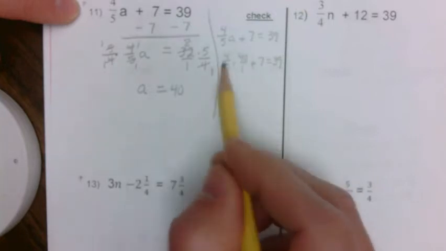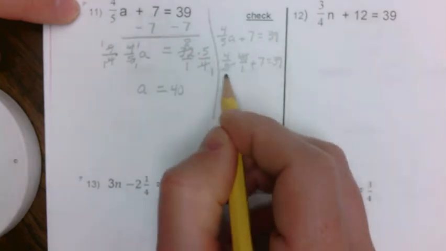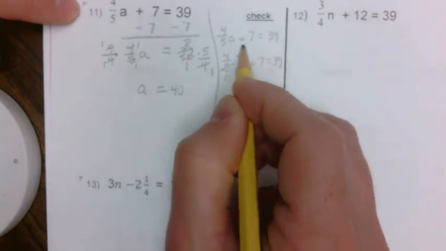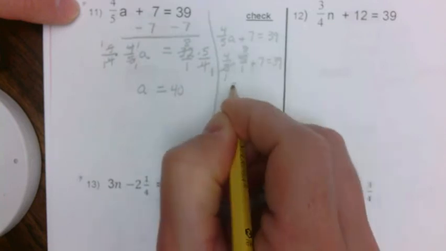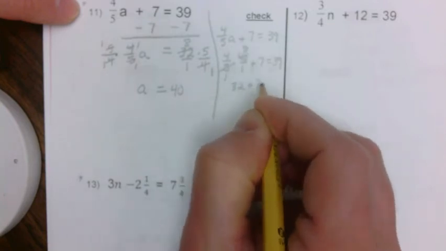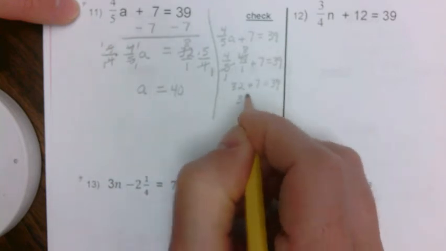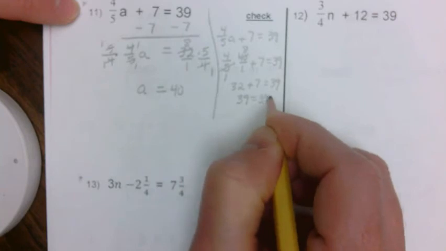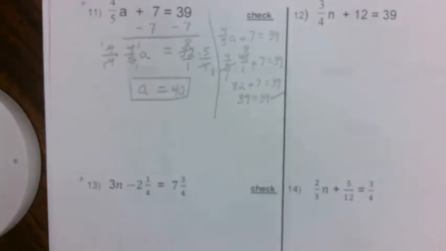With the multiplication, however, I can simplify with the 5 and the 40. 5 goes into 5 once. 5 goes into 40 8 times. 4 over 1 times 8 over 1 makes 32. Plus 7 equals 39. And finally, when we do the addition, 32 plus 7 is 39, so it checks. And I know that a had a value of 40.